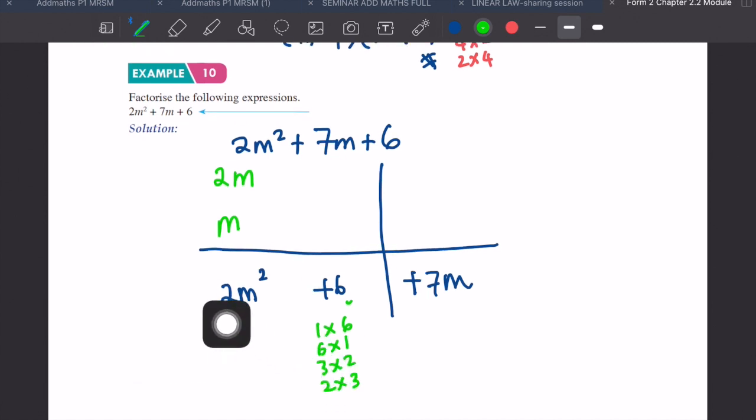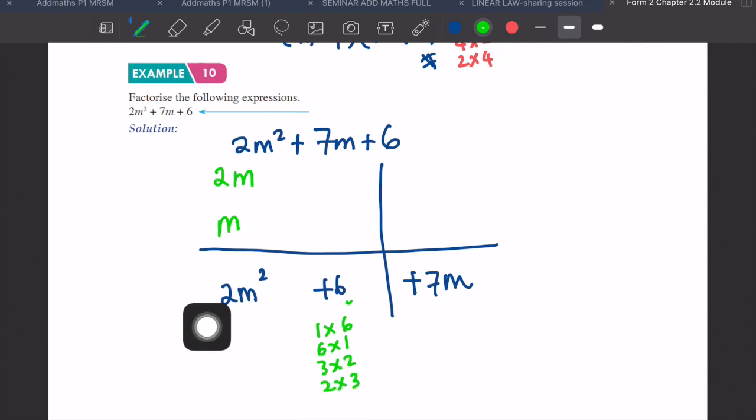Sekarang tengok lagi. Sini ada 2 kan? So, cuba alert. Okay, 6 darab 1, 6 tambah 1, 7. 7, tapi ada 2 sini. So, tak boleh lah. 7 darab 2 dah jadi 14 kan? Okay, next tengok ni. 3 darab 2, 6. So, 3 tambah 2, 5.